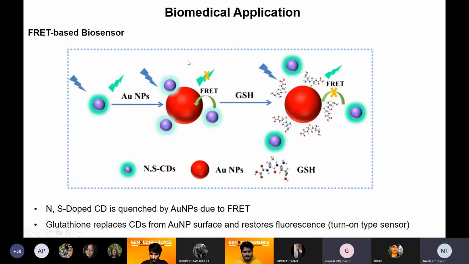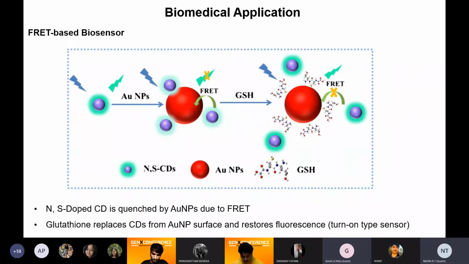So the carbon dots are very much responsive to the surface or to the immediate vicinity. Therefore, they are able to interact with several metal ions.